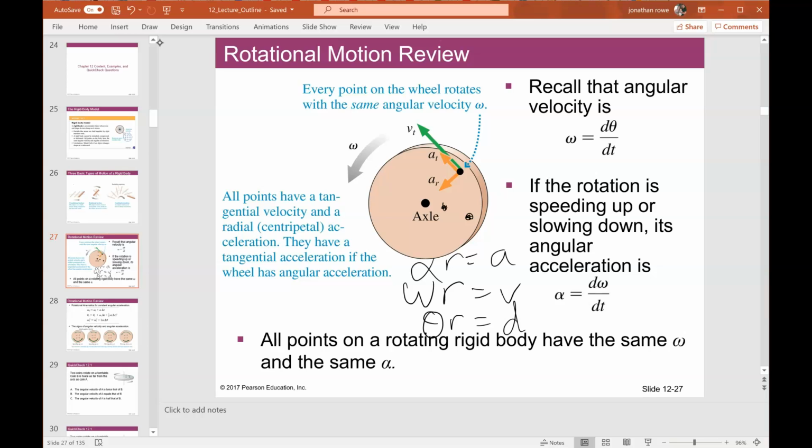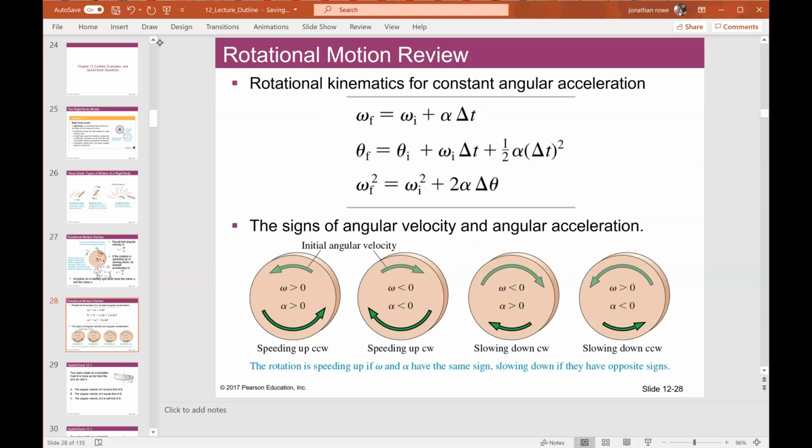They have tangential acceleration only if the wheel has an angular acceleration. So if it's uniform circular motion, there is no tangential acceleration, and that means it's going at a constant angular velocity.